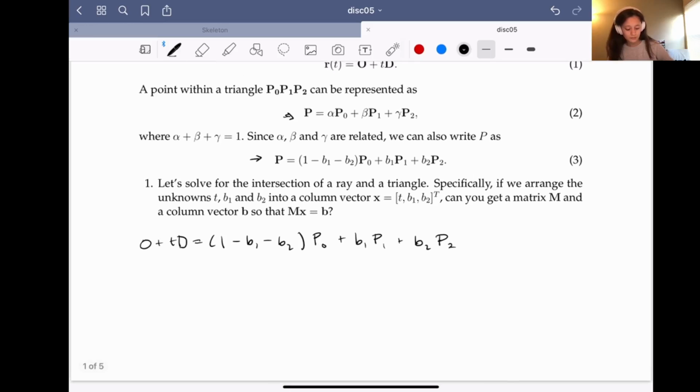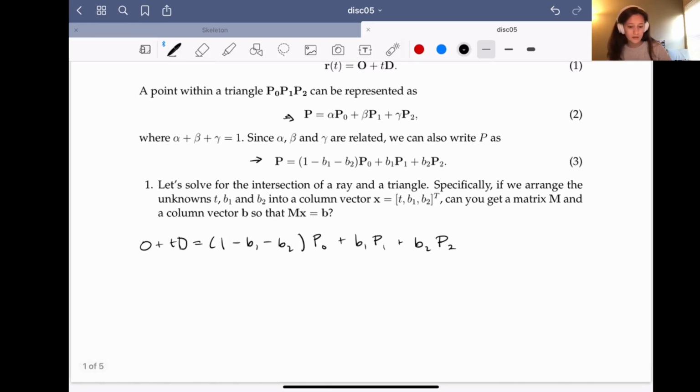So let's first think back to what form they're asking us to arrange this equation into. In this one, it's a little bit different because we have our t that's unknown and our b1 and b2. So we kind of want to have these 3 parameters in some vector and everything else in either another vector or on this side of the equation.